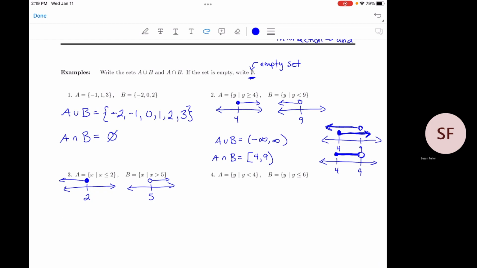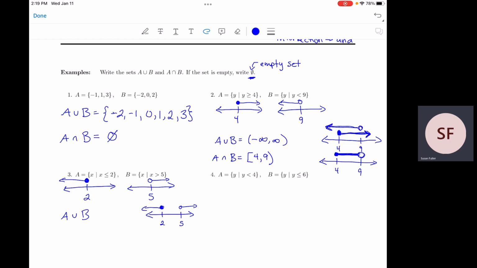Okay, let's think about A union B. If I put both of these on a number line, I'm going to see what is covered by at least one of these things. So 2 is here, 5 is here. A union B is anything covered by any line at all.